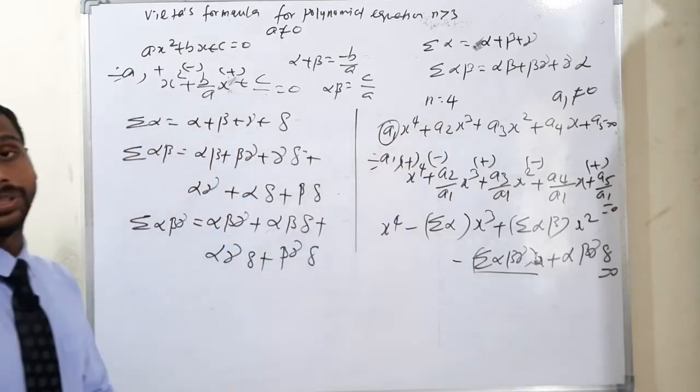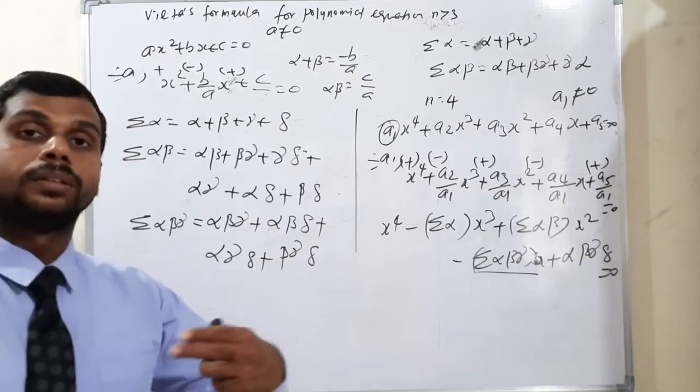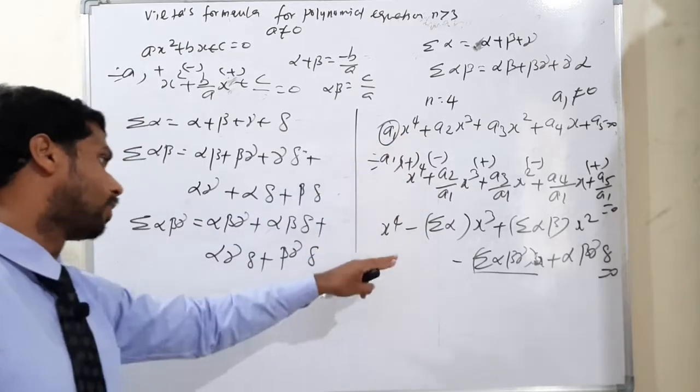Okay, now I am moving to the final nth root of polynomial equation. Because 2 is over, 3 also over, n is equal to 4 is also over.